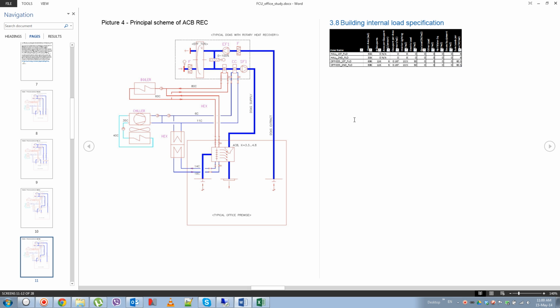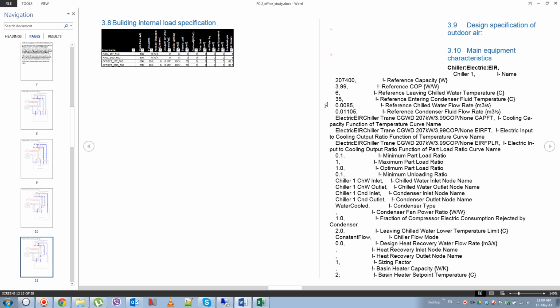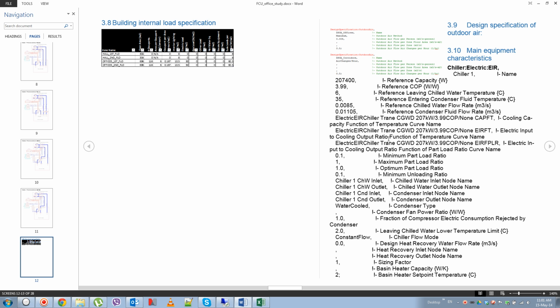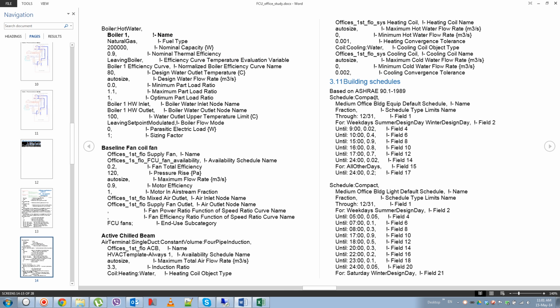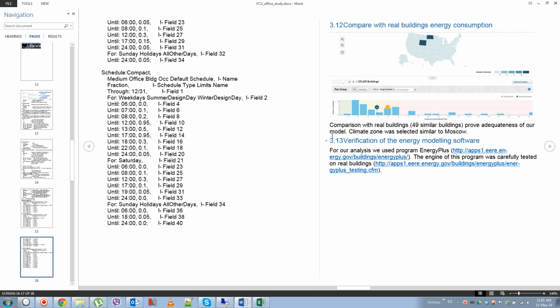Specification of internal load for the building, which we took from good practice. This is a detailed specification of all equipment and its parameters, and schedules as well, which we took inside the analysis.